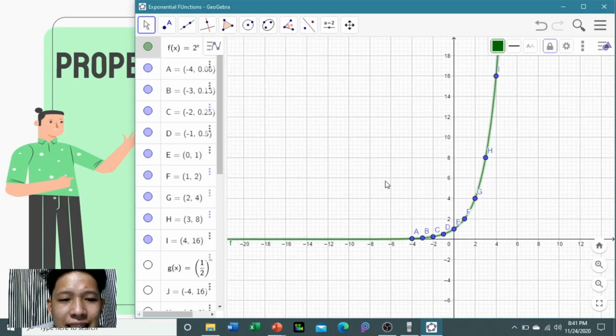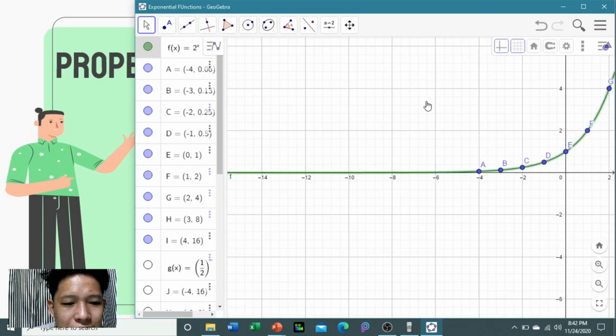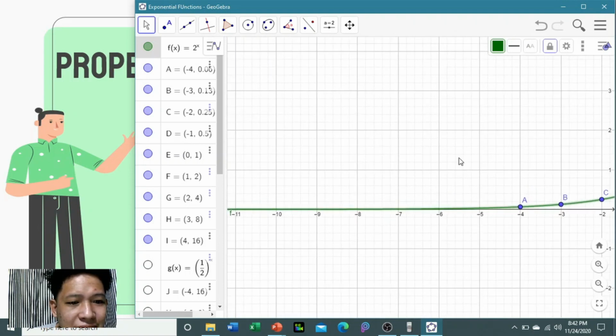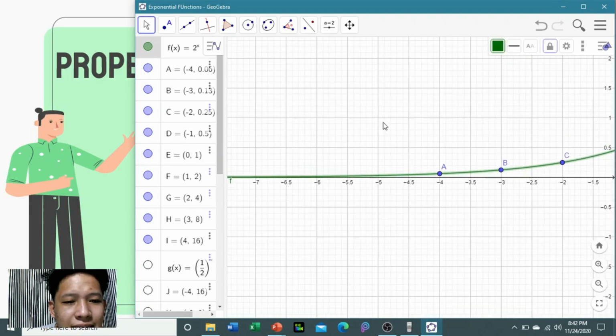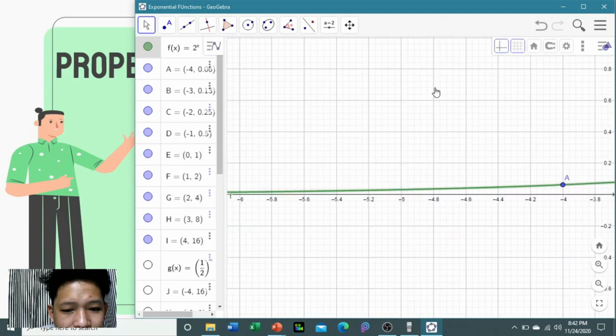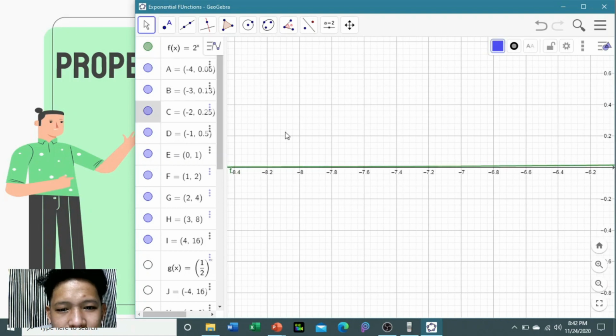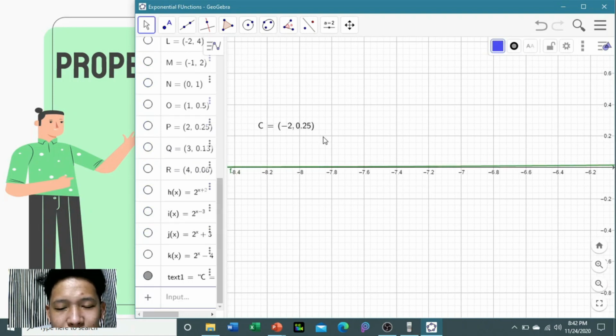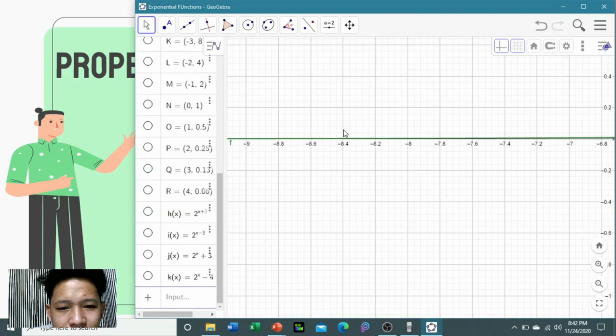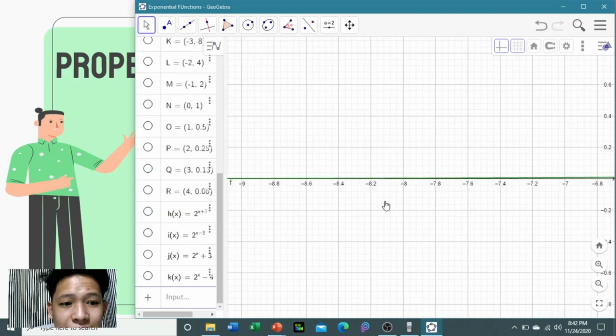Okay? And in this case, kung mapapansin niyo, tulad ng sinabi ko, it is asymptotic to a certain line. It gets closer and closer to a line, but it will never touch the line. In such a way that hindi po siya pwedeng mag-touch kay 0.